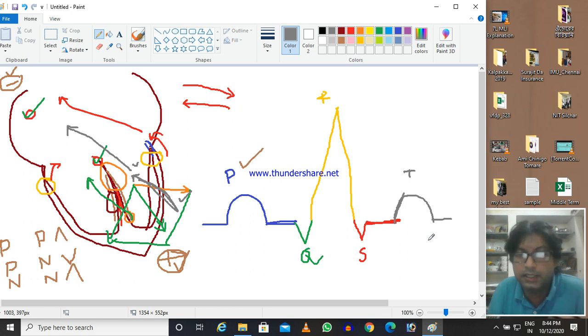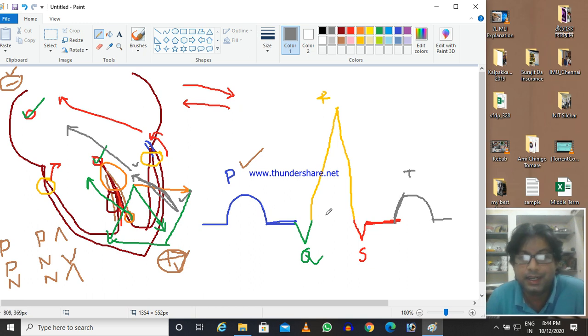But one thing here: in a normal ECG, we are not getting the atrial repolarization, the atrial relaxation, we are not able to find. Why?